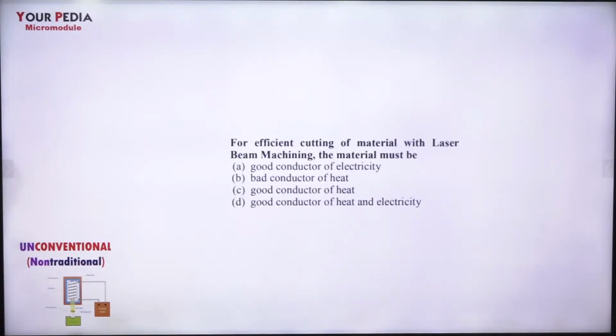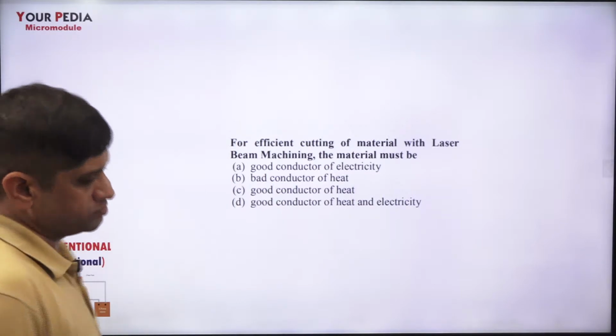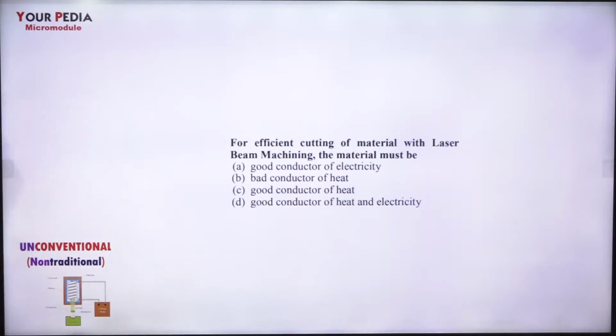Efficient cutting of the material with laser beam machining, material should be what? For efficient cutting in laser beam machining, the material should be what? What kind of material are you looking for? Good conductor of electricity, bad conductor of heat, good conductor of heat, good conductor of heat and electricity.